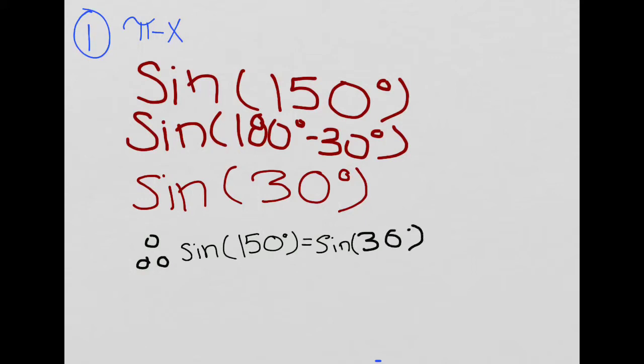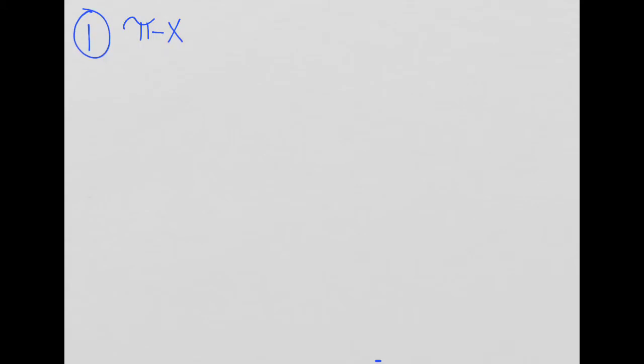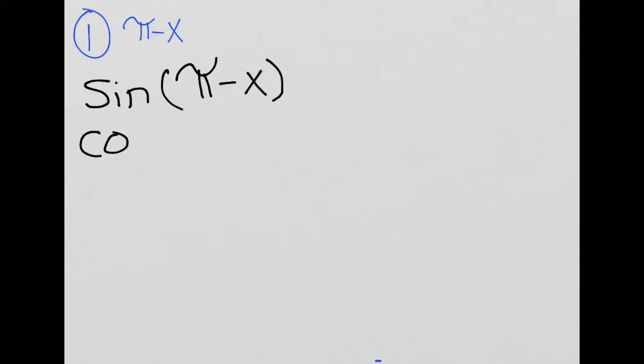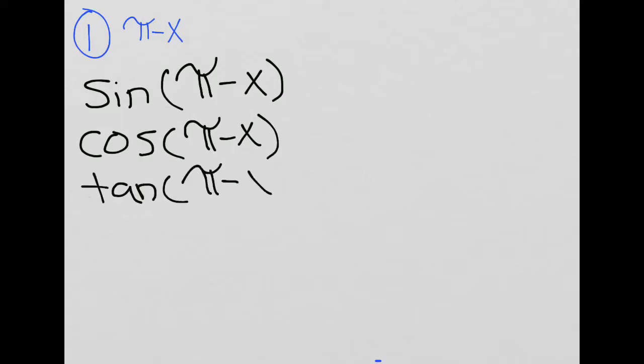Okay, so now I'm going to write the three identities of pi minus x, which are sine pi minus x, cos pi minus x, and tan pi minus x.